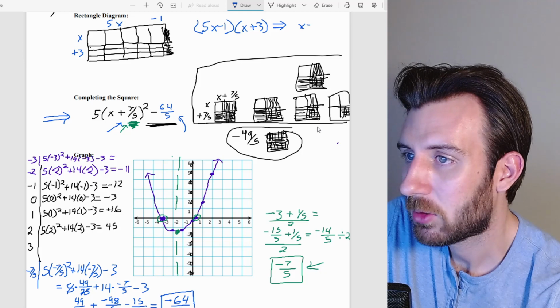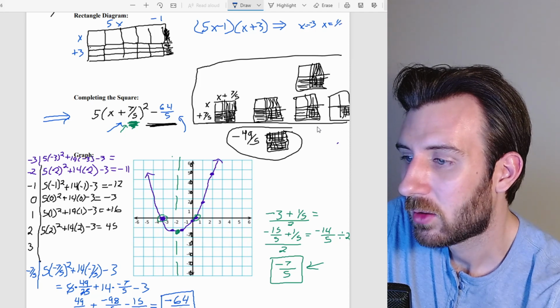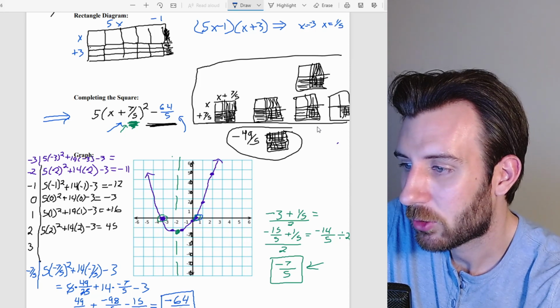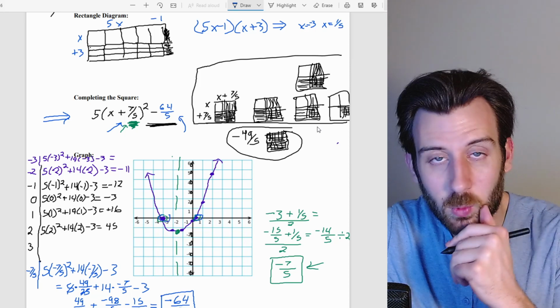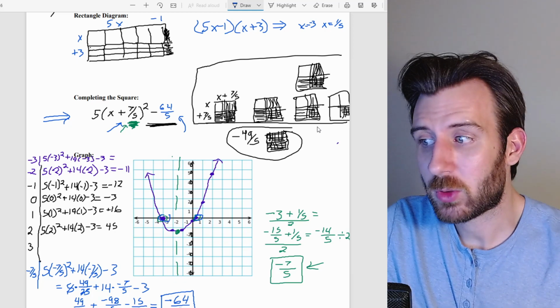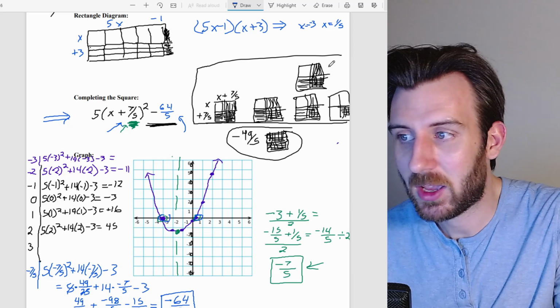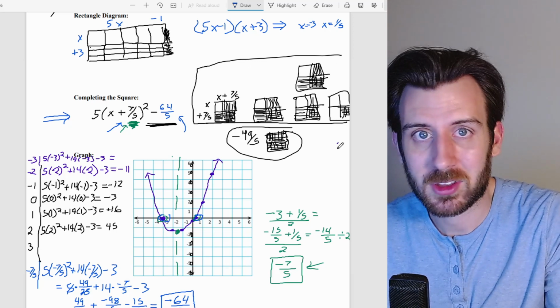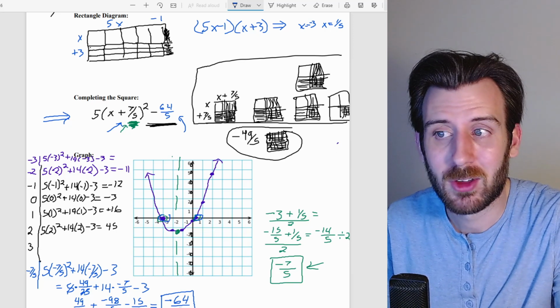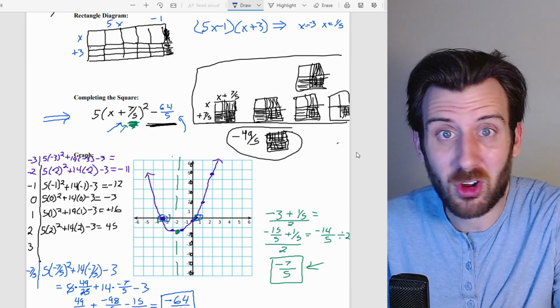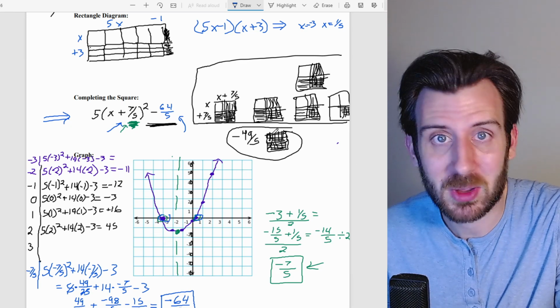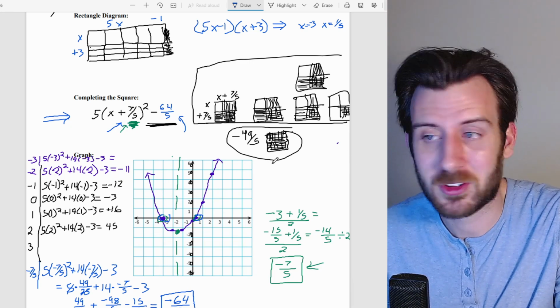And those zeros happened when x was equal to -3 and x was equal to 1/5. Lo and behold, that's exactly where we had the zeros on the graph. So now we can see why we've been stressing all of these different methods. We can use whatever information we have available to us in a variety of different patterns to graph the parabola quickly and get answers not only for certain questions, but for all questions. We're able to create a picture that's worth 1,000 words.